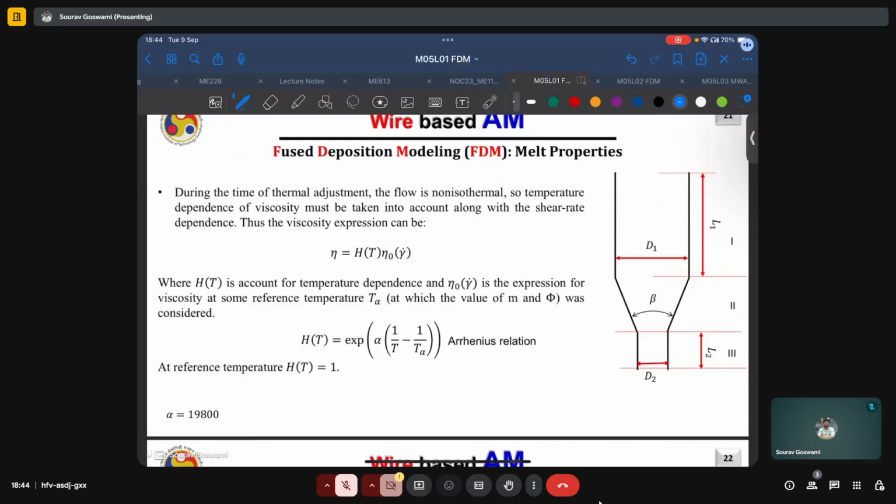At reference temperature, this coefficient H(T) will equal 1, and for some material, the value of alpha is given to us as 19,800.